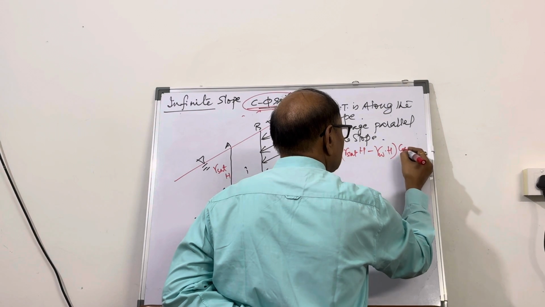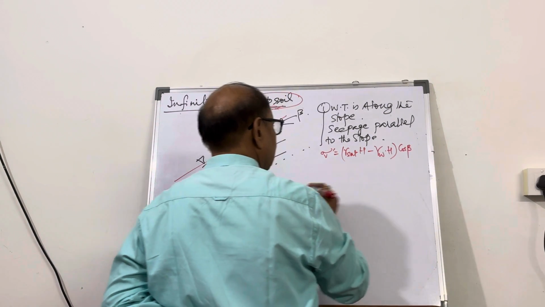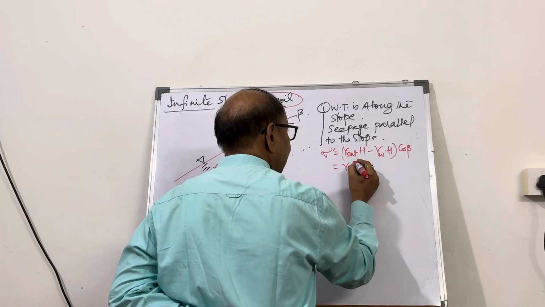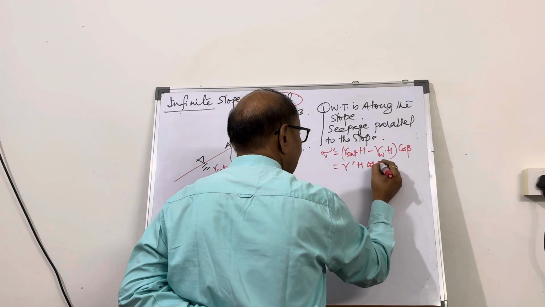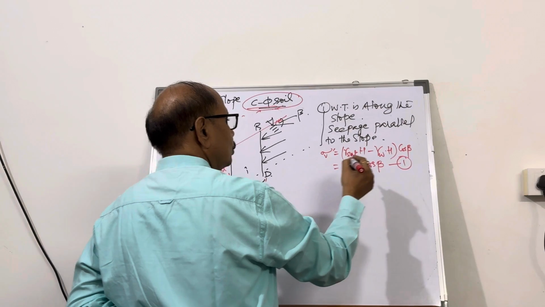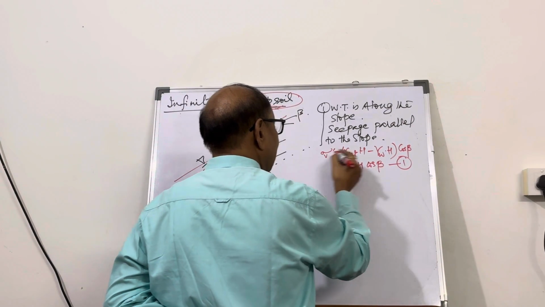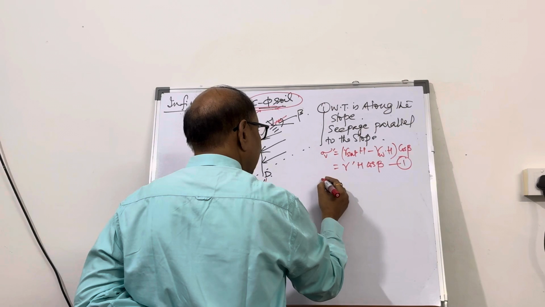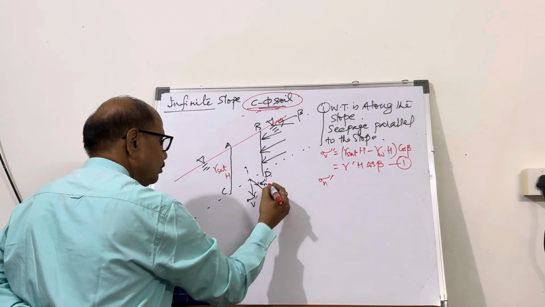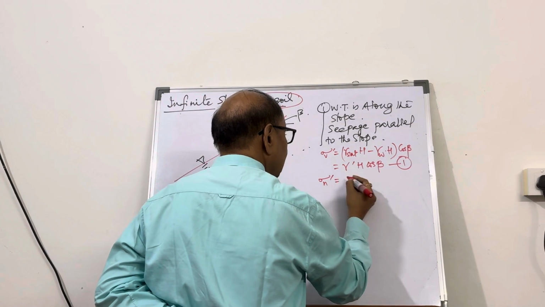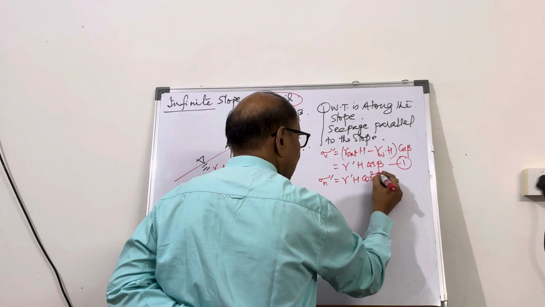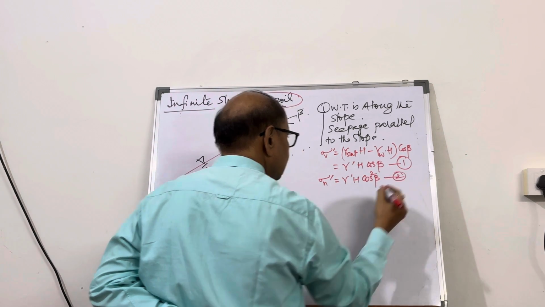So finally this will be gamma prime h cos beta. So sigma v prime is known to you. Therefore, sigma n prime, this normal component, is equal to gamma prime h cos beta into cos beta, that becomes cos square beta.